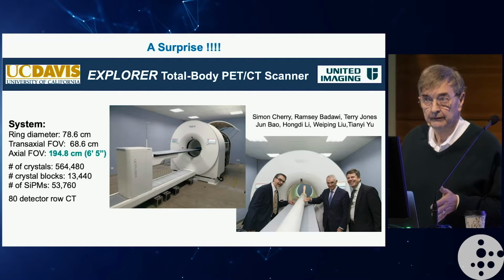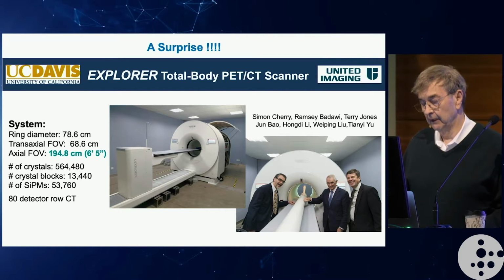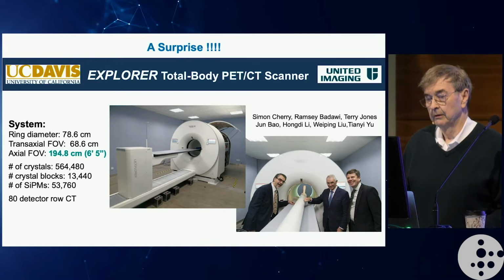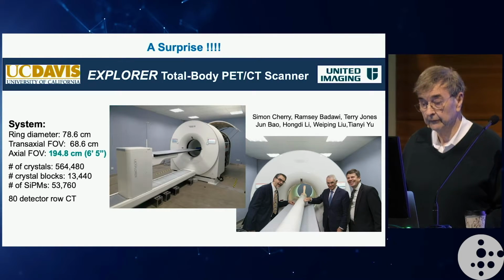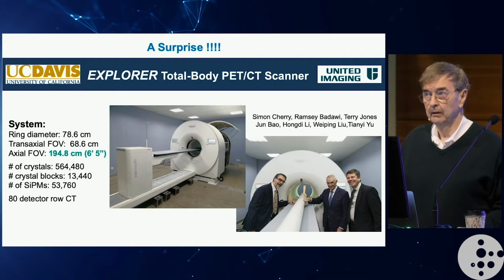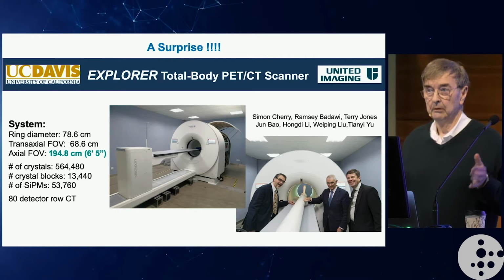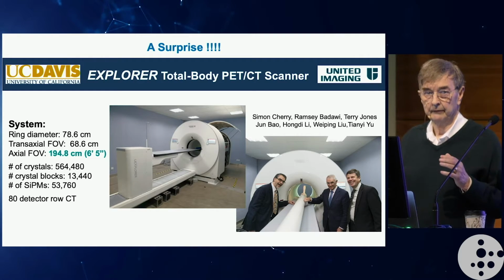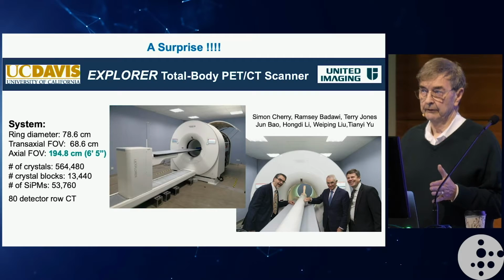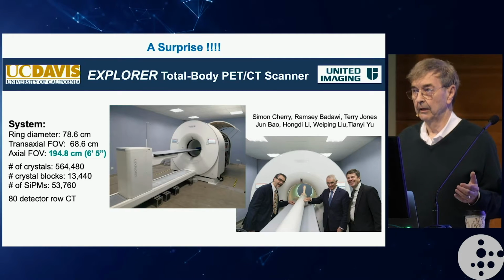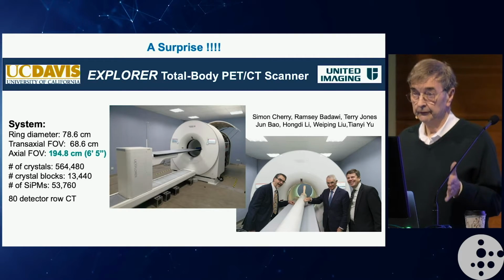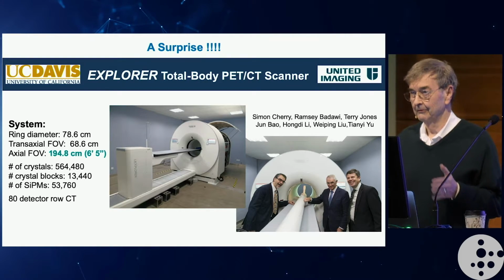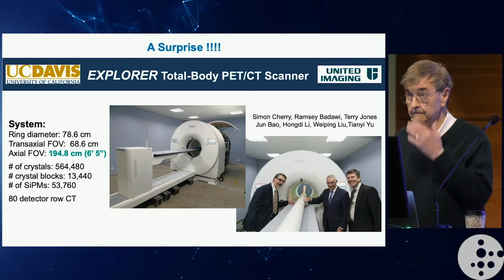this is a PET-CT scanner. It was developed by my previous student, Simon Cherry, who's at the University of California, Davis. Now, he submitted a request to build a total body PET scanner that could examine all of the body simultaneously, do the kinetic interactions between all cells throughout the body. In Lee's world of systems biology and yours, this is total systems biology throughout the body.